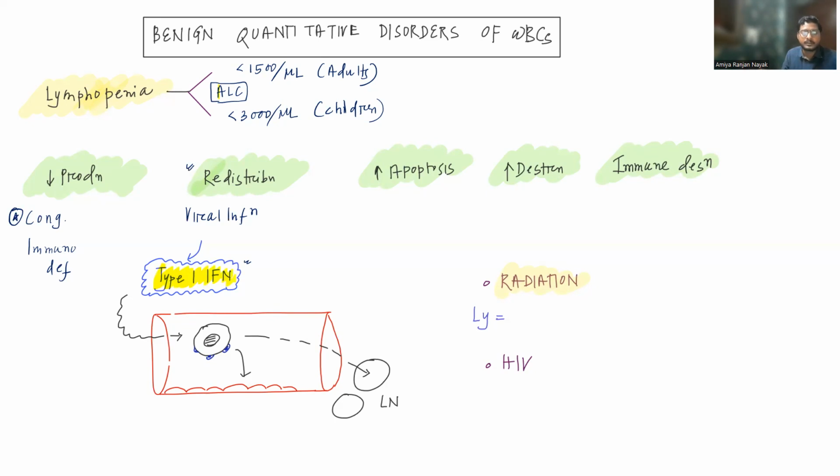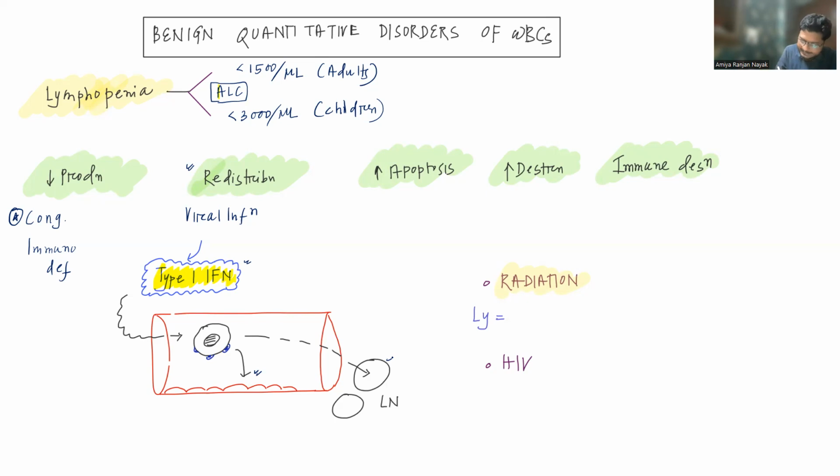That will cause migration of the lymphocytes to the endothelium. And also it will cause sequestration of the lymphocytes in the lymph nodes. This is known as redistribution, and this is also a cause for lymphopenia.